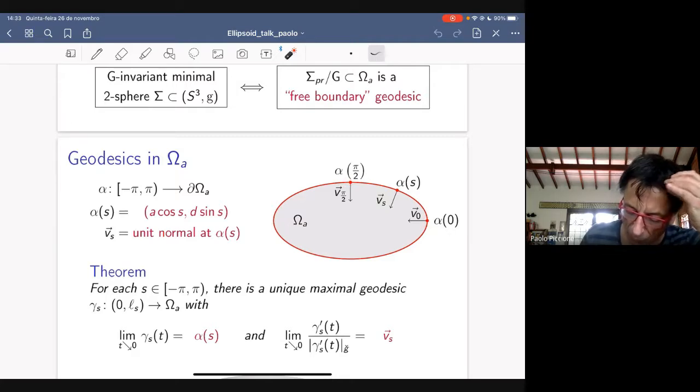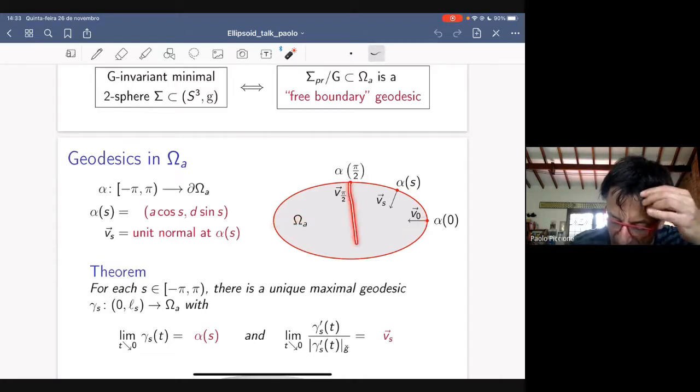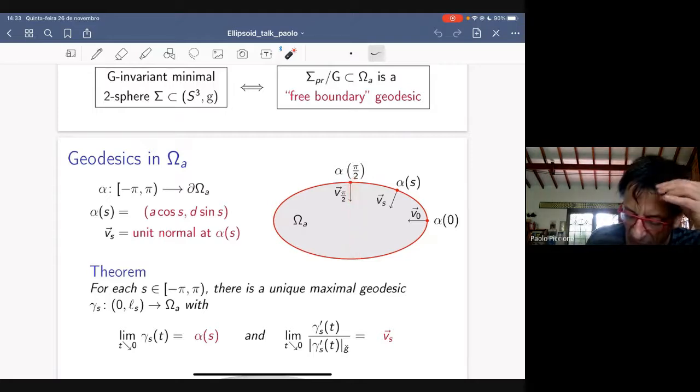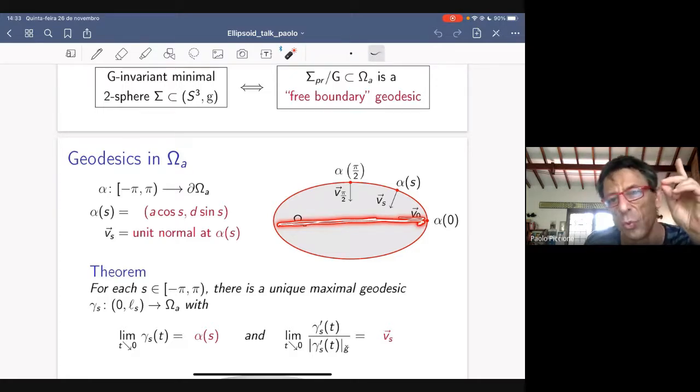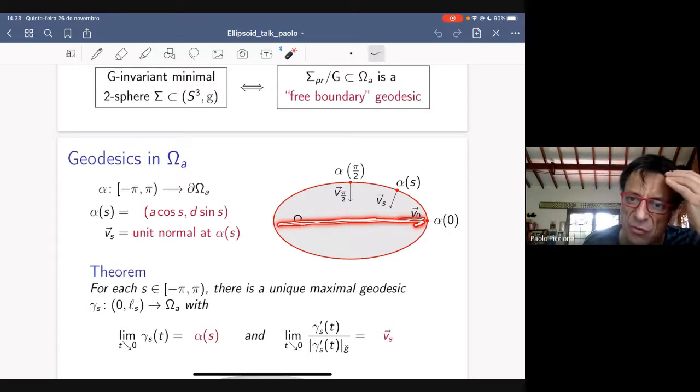And also observe that this metric here is symmetric with respect to reflection around this axis and also around this axis, okay? So in particular, this is a geodesic. This is a free boundary geodesic, and this corresponds to one of the four planar two-spheres on the ellipsoid.